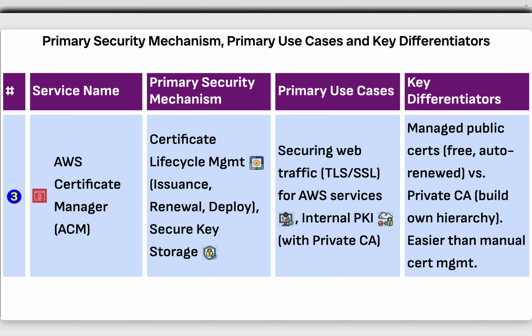Key differentiators are managed public certificates, free and auto-renewed, versus a private CA, where you build your own private CA, certificate authority. It is easier than manual. With Certificate Manager, you can just use it as it is because it's a managed service. You don't have to build anything by yourself, and your certificate management becomes very easy. PKI is public key infrastructure.